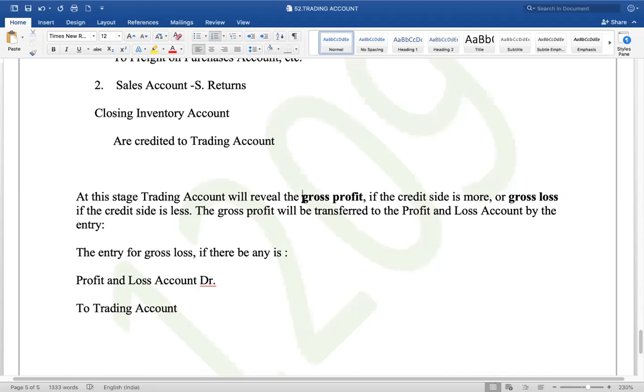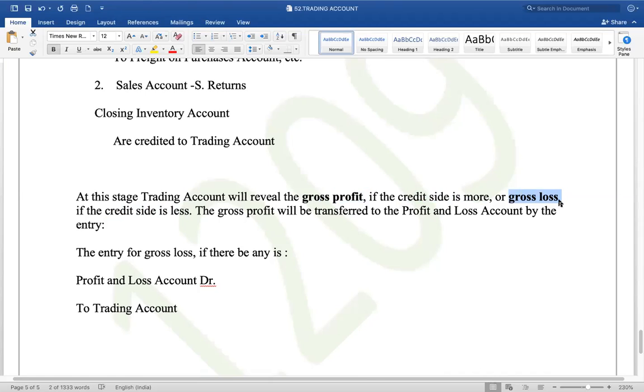Now, the final result of the trading account is gross profit. If your credit side is more, then it is gross profit. If credit side is less, then you call it gross loss.